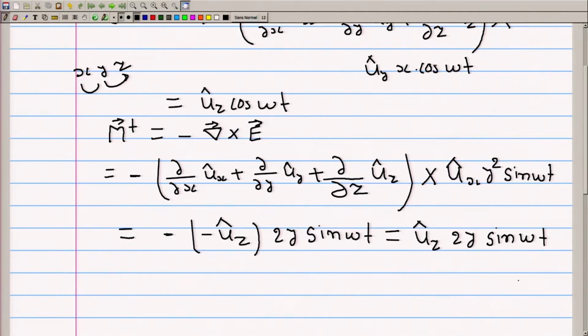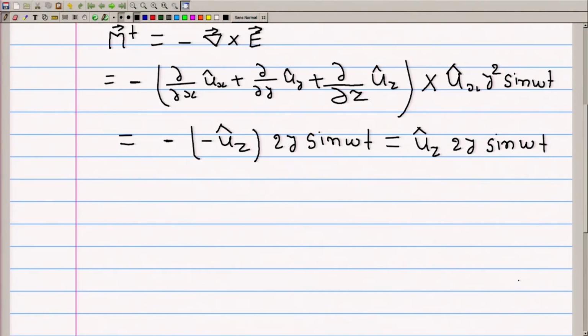Similarly, in the question it is written to determine I_t and K_t through the disk z equal to 0 and x squared plus y squared equal to 1. We know how to find the total electric current. It will be the double integral, the surface integral, of J_t dot product with ds.